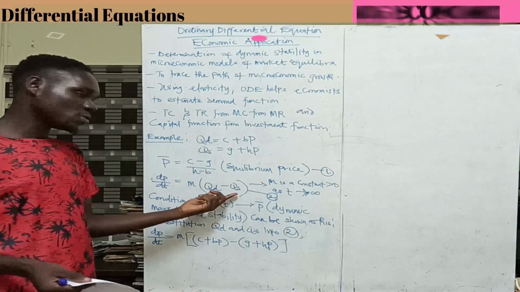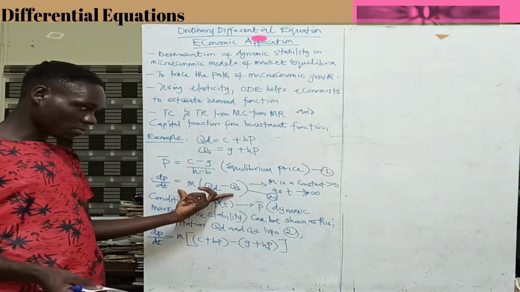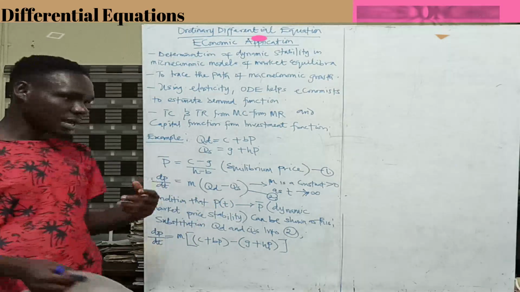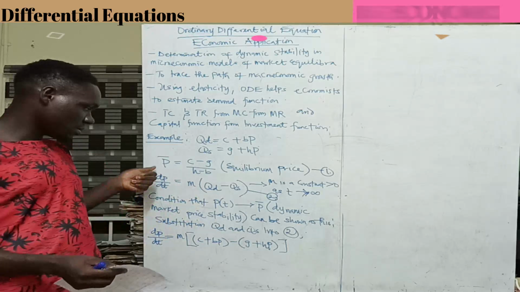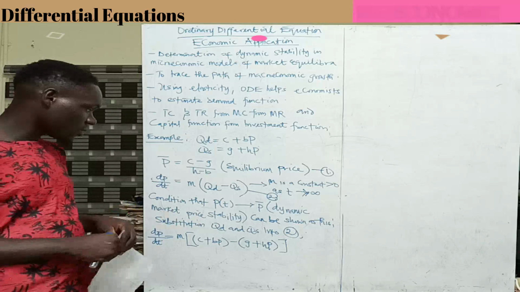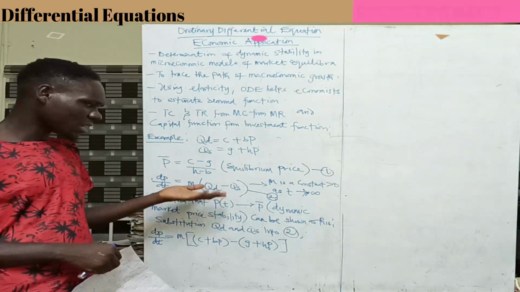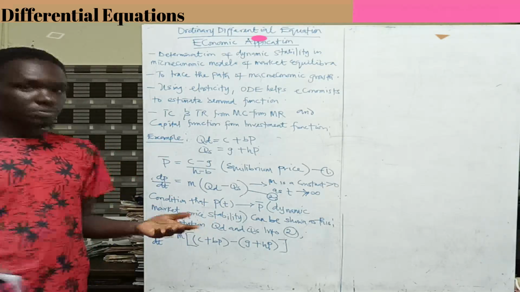So it's saying this is a measure of how price changes with time. At equilibrium, this is what we have, and usually at equilibrium, excess demand is zero.